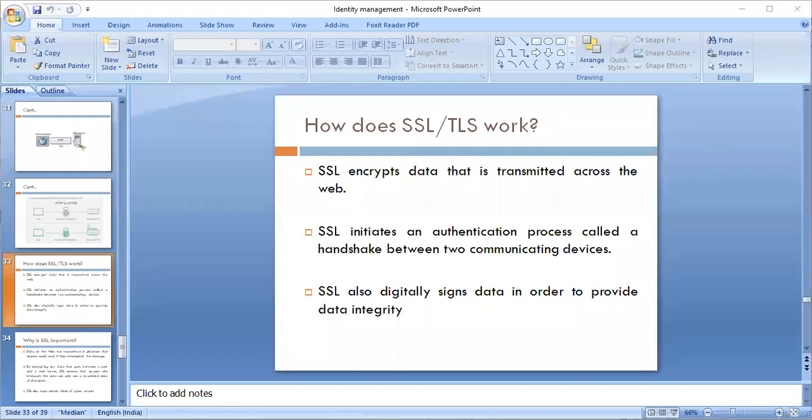So just to ensure the integrity of data, that it is not tampered with, SSL also makes use of digital signatures. There have been several iterations of SSL, each more secure than the previous one. We have various variants of SSL, and the updated one in use nowadays is TLS.